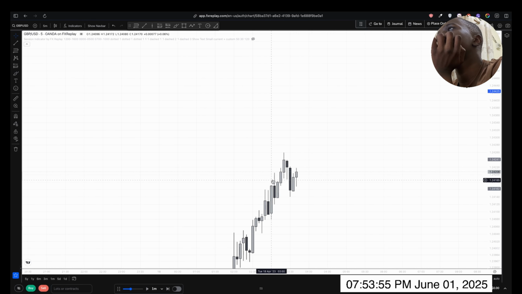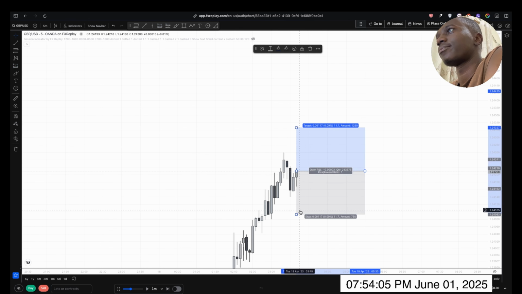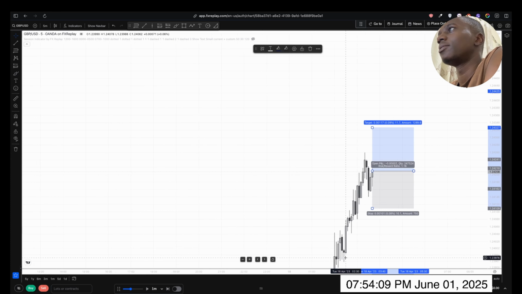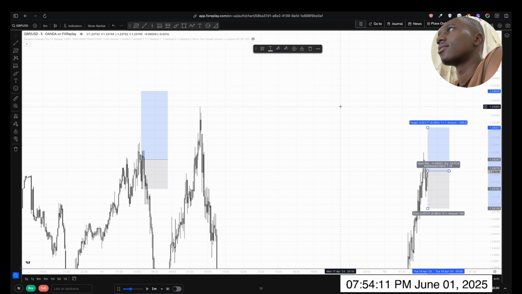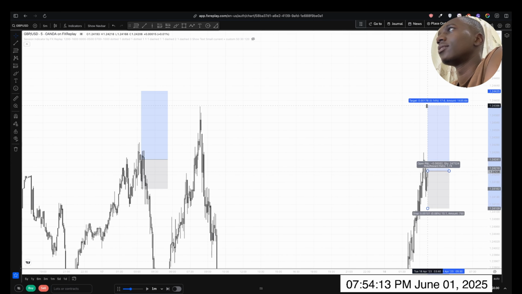So we are currently in this order block right here, which is getting respected. So you can have a long entry here, under this order block we're respecting, and target this high there. Just like this.